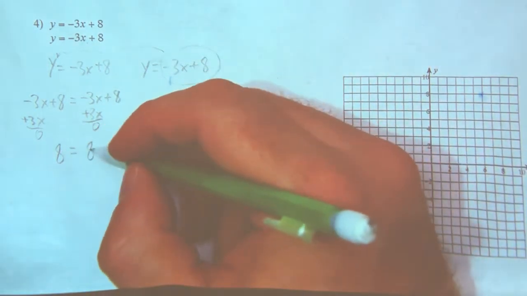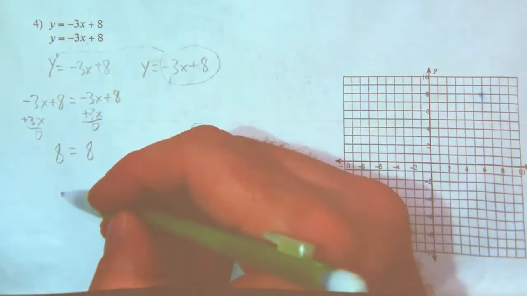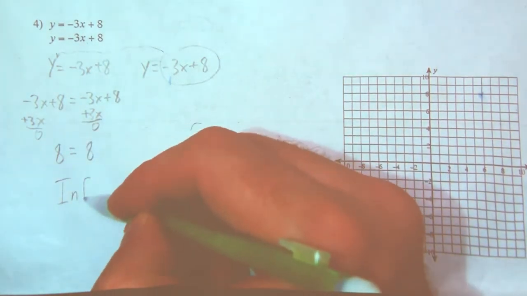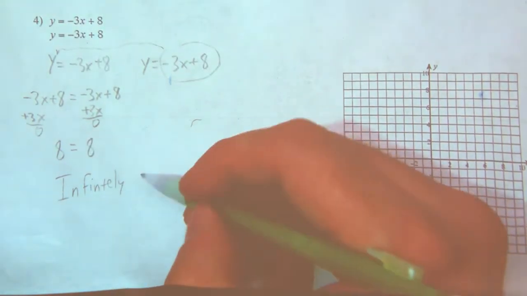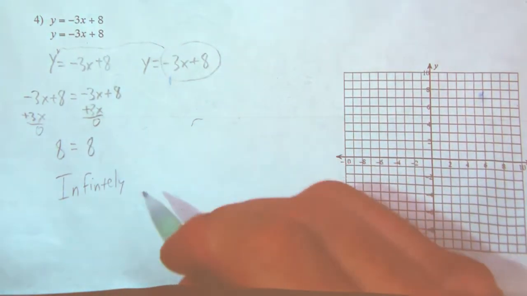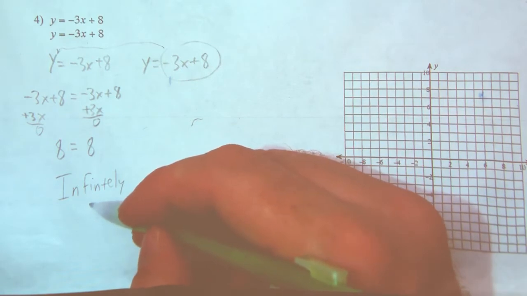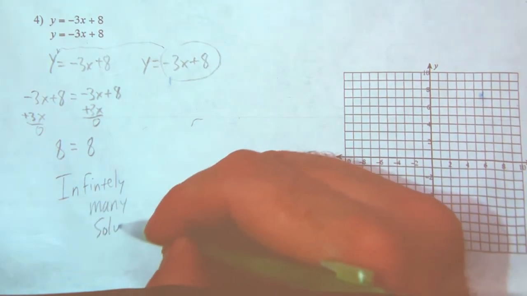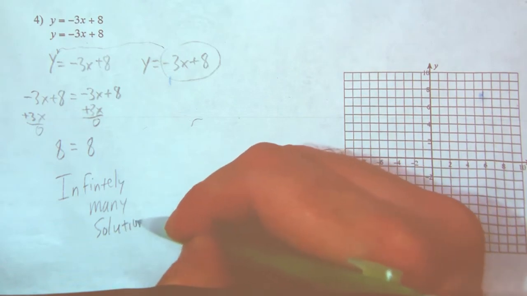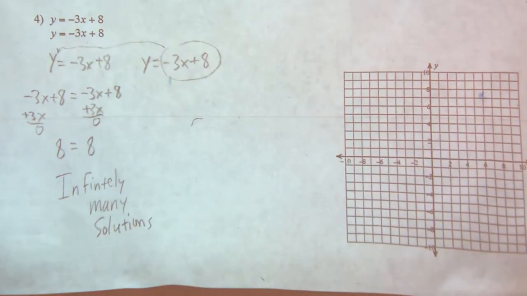This tells us that we'll have infinitely many solutions. In terms of a system of equations, that means that every point is a solution. Or you can just say infinite solutions. Infinite number of solutions is also okay.